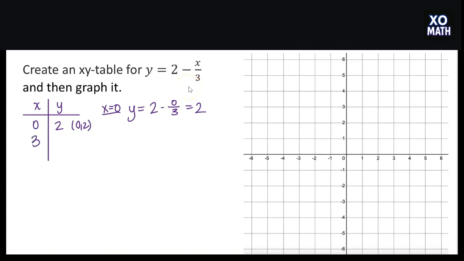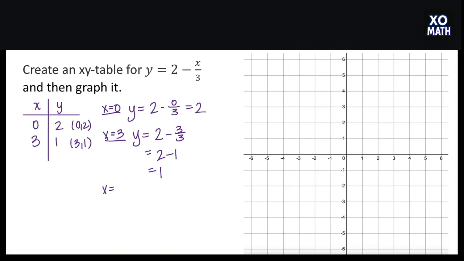So I'm going to choose x equals 3 as the next value to plug in, because now I'll get y equals 2 minus 3 over 3, which is 2 minus 1, which is just 1. So I have a second point. I have 3, 1.